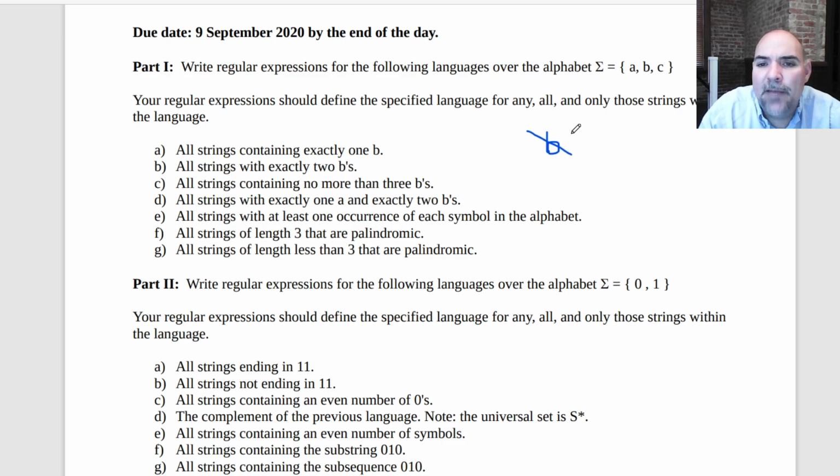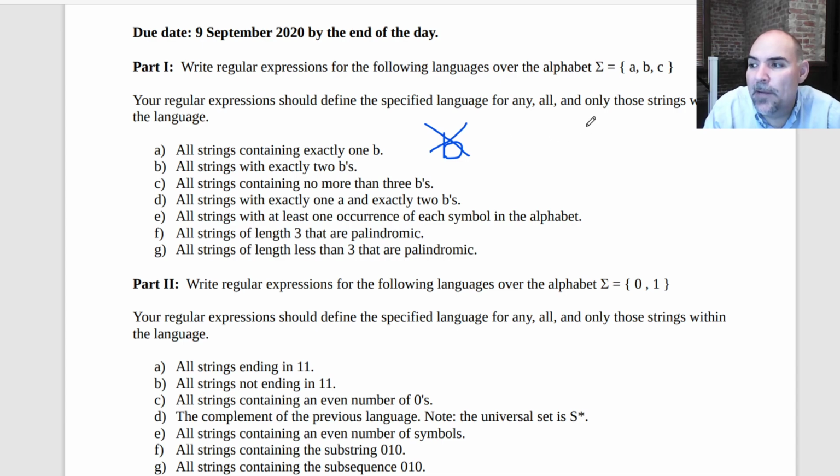Don't do that. So the question is, how do you create all strings consisting of exactly one B? Let me erase that and draw again over here. If you try that, that's not right. So how do we do that?